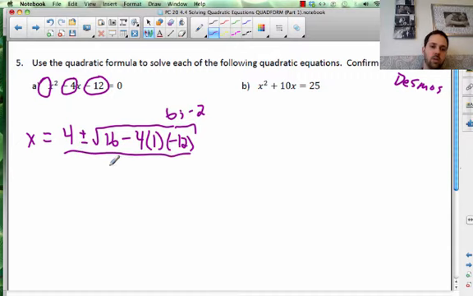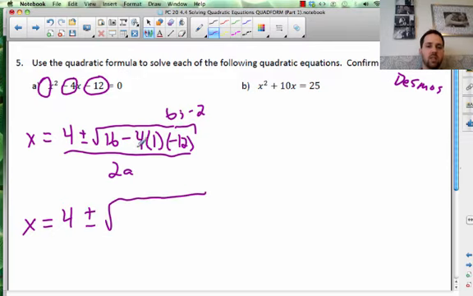all over 2a. So let's simplify this a little more. 4 plus or minus square root. And in the square root we have 16 and then a minus a negative, so that's 16 plus, and 4 times 12 is 48, all over 2a.